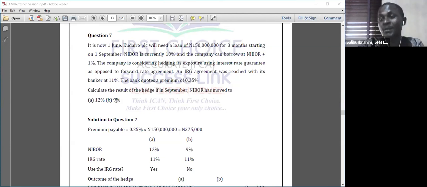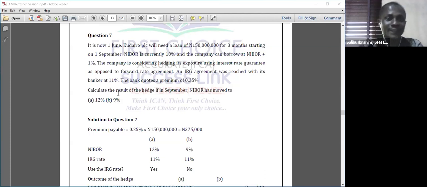If there is premium, I will tell you. This is what I have explained: if your interest rate has increased, you receive compensation from the bank, and if interest rate has reduced below the agreed rate, then you pay compensation to the bank. Do you understand? That's how it works.